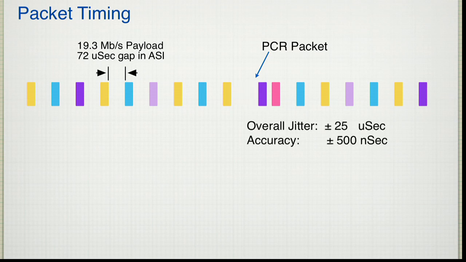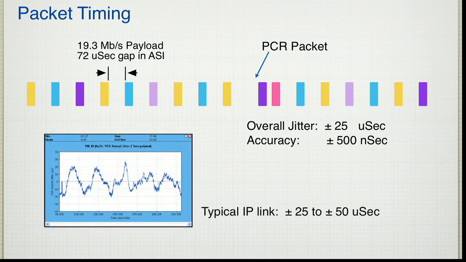The overall jitter, that is, if it's mispositioned, can be plus or minus 25 microseconds. And the accuracy of the extracted clock that is derived from the data carried in the PCR packet has to be at least plus or minus 500 nanoseconds.